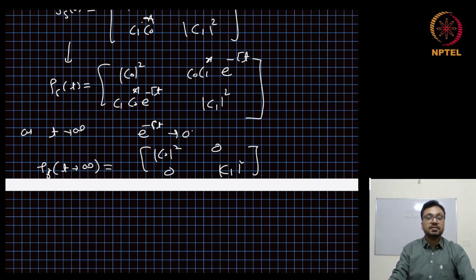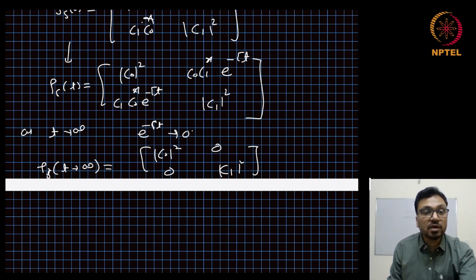This is how we see the off-diagonal terms vanishing, and the only thing left in the state is the density matrix, which are the probabilities of the outcomes of the corresponding states. So |c_0|² is the probability of getting the 0 state, and |c_1|² is the probability of getting the 1 state. In that way, we lose all the interference terms, all the coherence in the system, and this is the reason we do not see any quantum effects in our daily life.